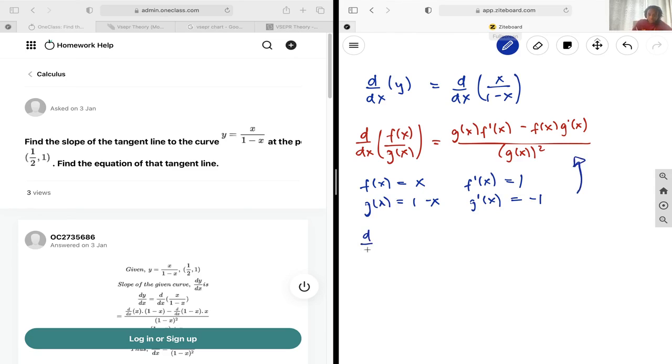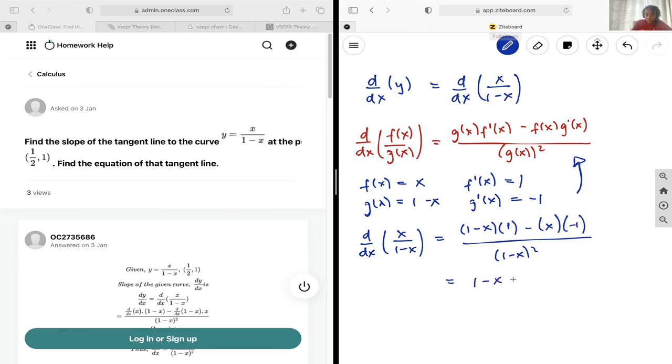And so we get d over dx of x over 1 minus x is going to give us g of x, so 1 minus x, multiplied by the derivative of f, that's going to be 1, minus f of x, so that is x, multiplied by the derivative of g, so that is going to be minus 1, all over g of x squared, so (1 minus x) squared.